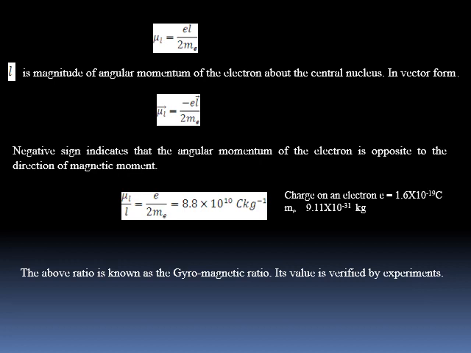It is a constant value given by 8.8 into 10 power 10 coulomb per kg. So till here is half of the answer. Sometimes they will ask you to derive only till here, that is the gyromagnetic ratio, so you will stop at this level. If they are asking you in the question, like we had seen earlier, to find the Bohr magneton, then you will have to continue the derivation.